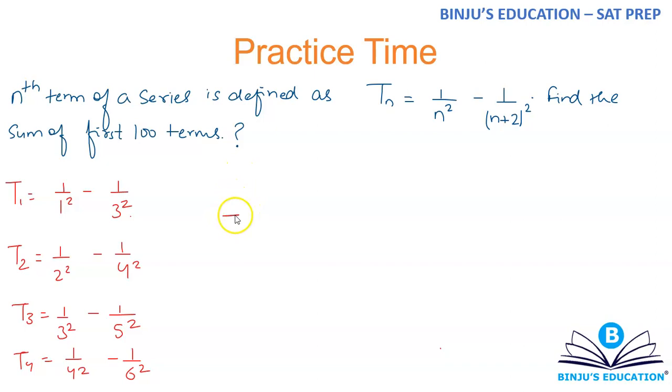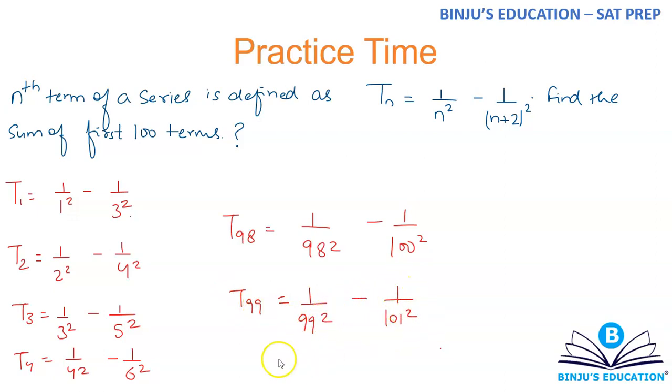And I'm gonna write the last three terms now. T98 is 1 by 98 square minus 1 by 100 square. Then T99 is 1 by 99 square minus 1 by 101 square. And T100 is 1 by 100 square minus 1 by 102 square.